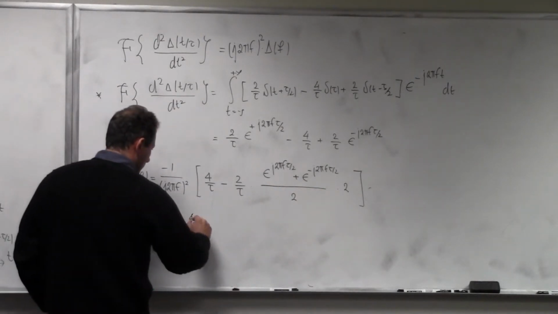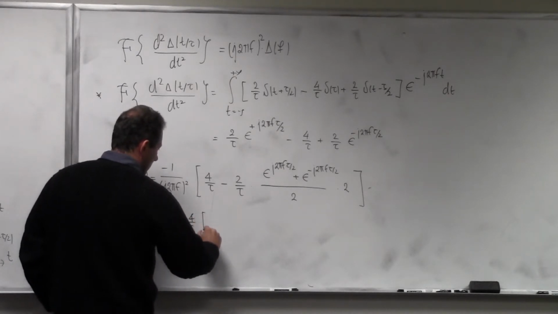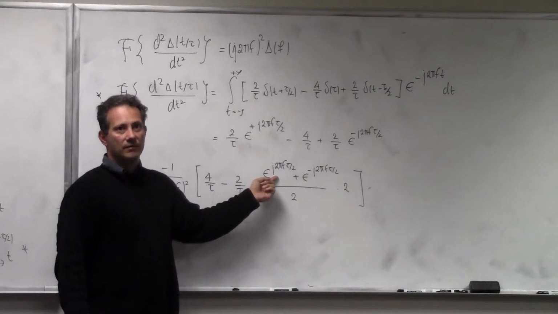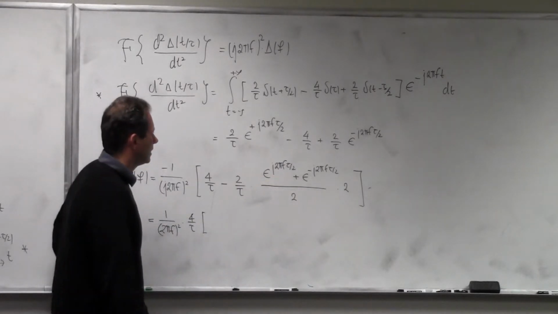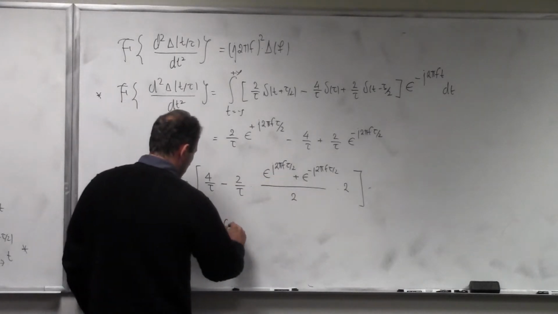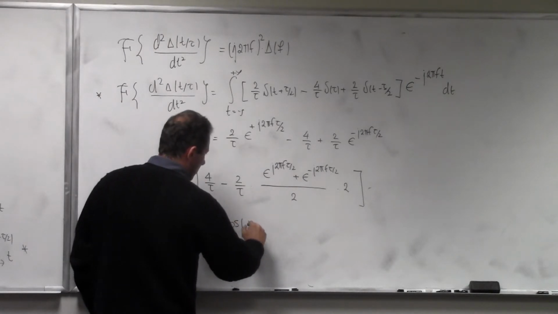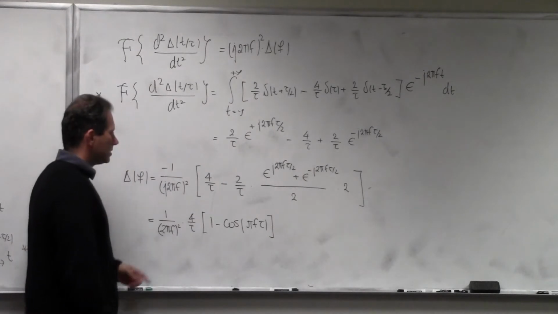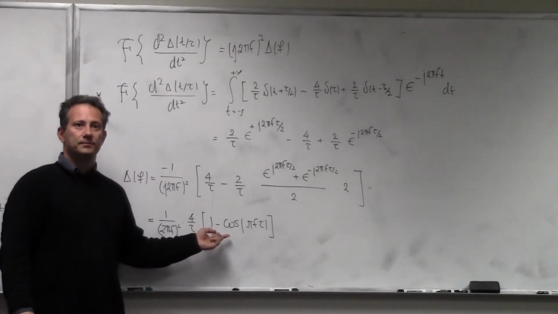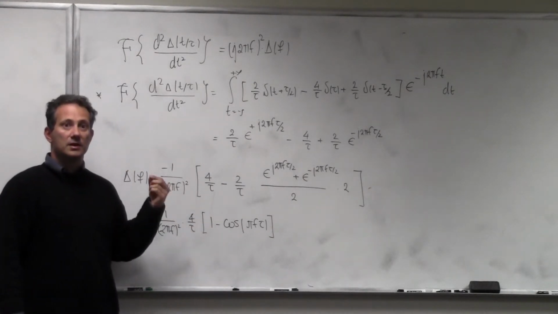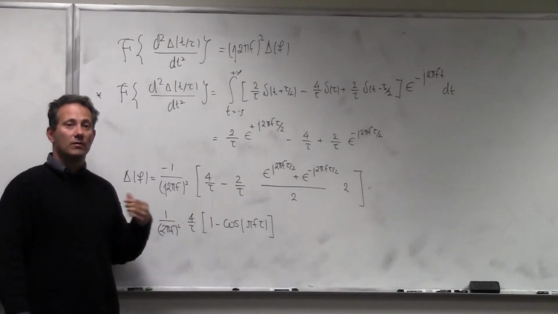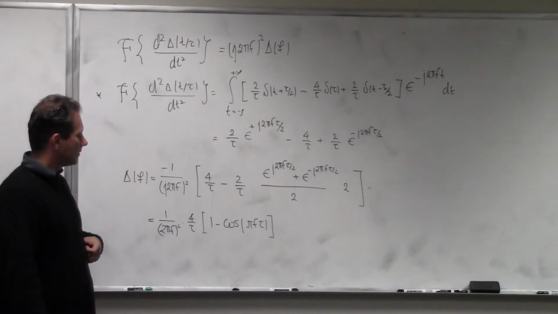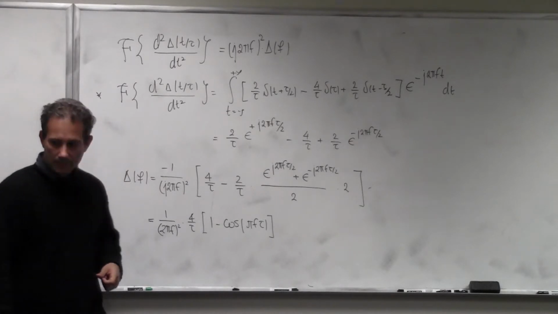And then I have 1 minus cosine 2 pi f tau over 2. So it's 1 minus cosine pi f tau. What is 1 minus cosine? It's a sine squared, right, of 1/2 of the angle. Yeah.